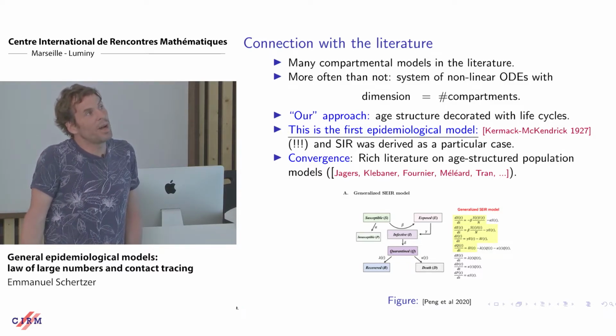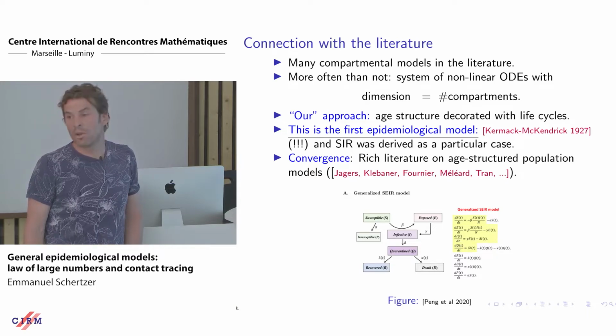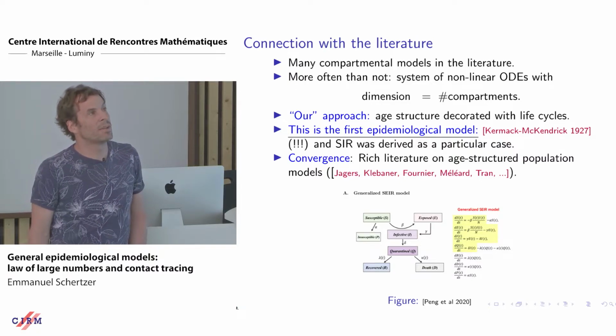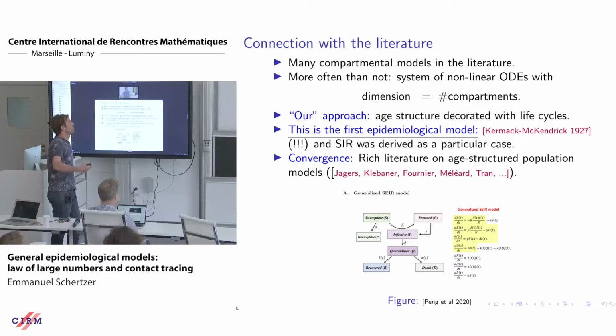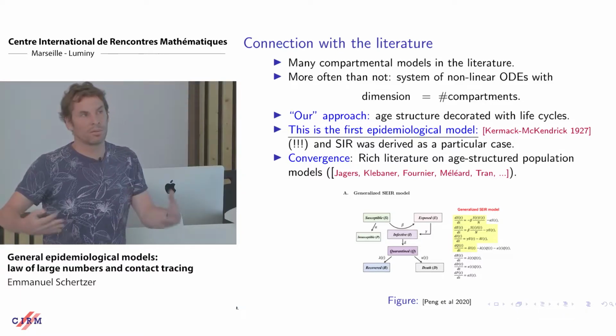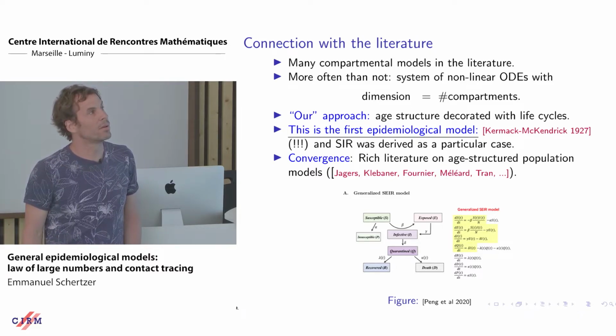The second drawback is that if you're dealing with an epidemic with a large number of compartments, like in the COVID-19 situation, then from a mathematical point of view it's not very satisfactory, because the dimension of your system of ODEs will be equal to the number of compartments. And if you want to add some new compartments, then you will have to add more dimensions to your system. So it's not necessarily very pleasant.